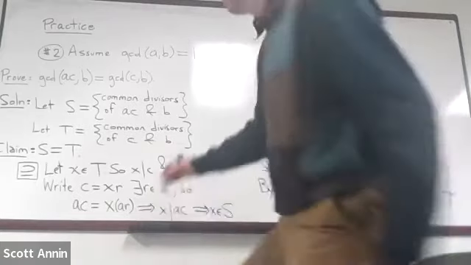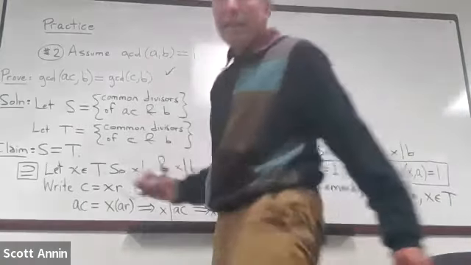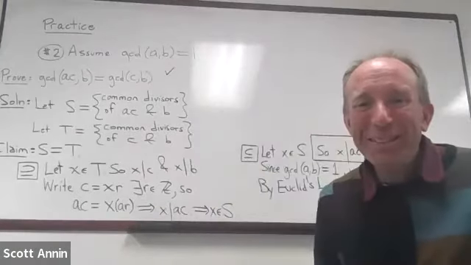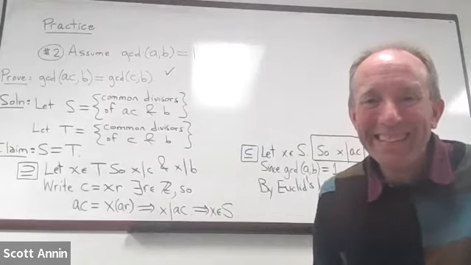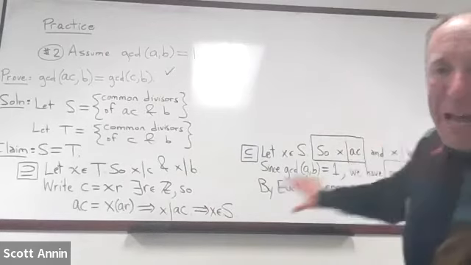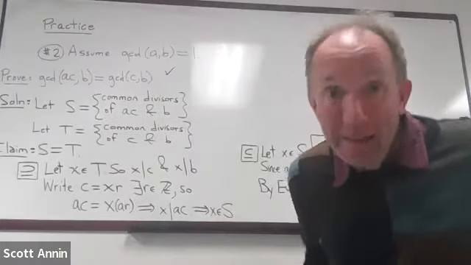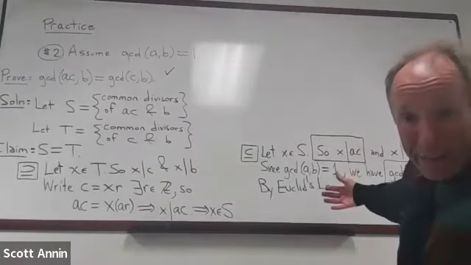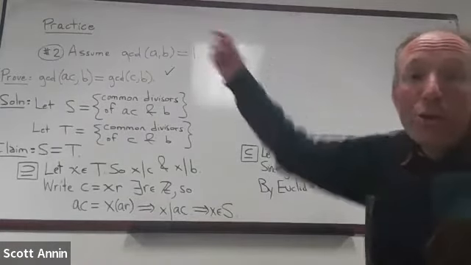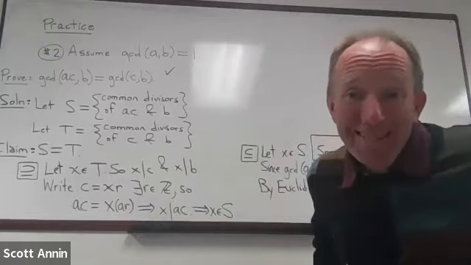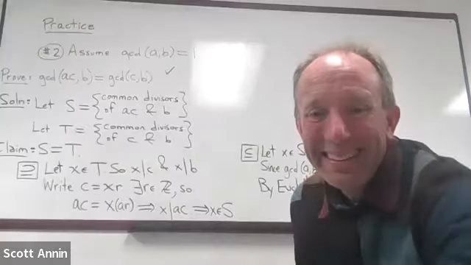And that actually proves that the GCDs are equal. Exactly. Okay, so this backwards part was a little trickier. We had to actually use Euclid's lemma, and it's really only for this part where we use the relatively prime assumption on the A and the B.